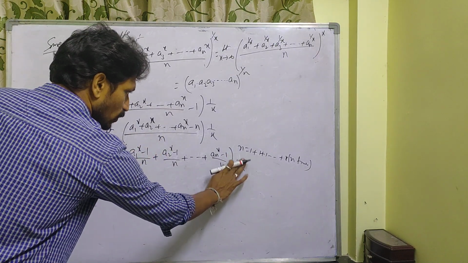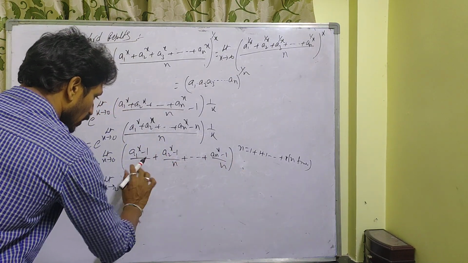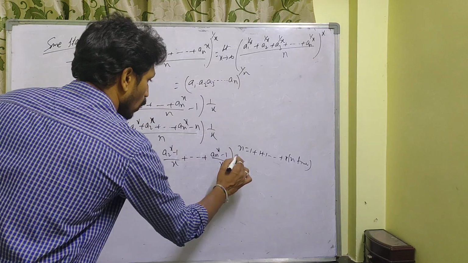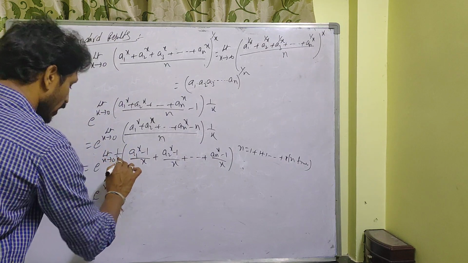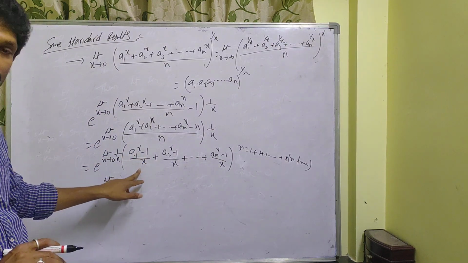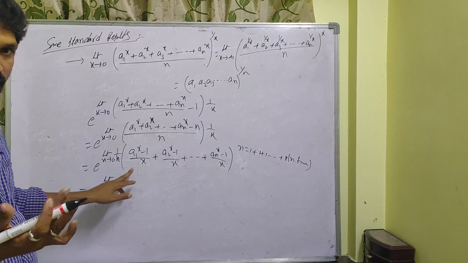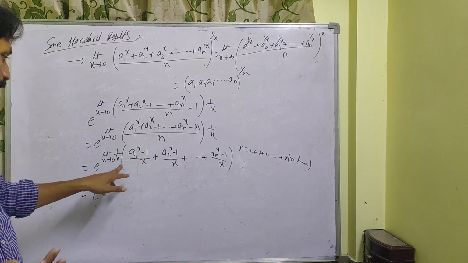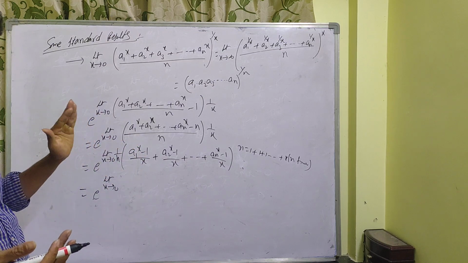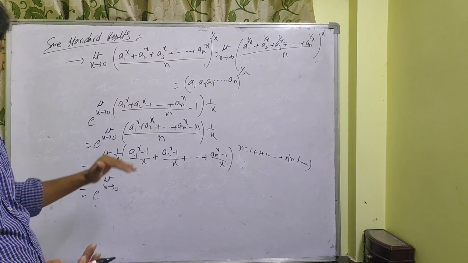Just this x you write here in the place of n, and you take n outside. That means I am writing 1 by n before, for our convenience, because if you observe this one, you can get one idea, that is the formula: limit x tends to 0 of (a power x minus 1) by x is equal to log a to the base e.